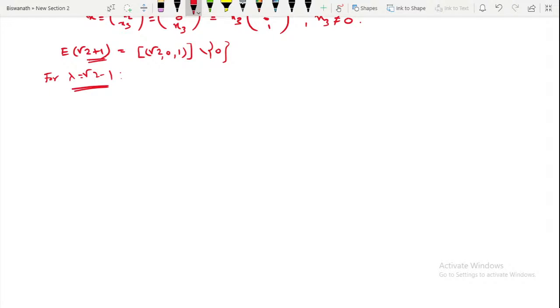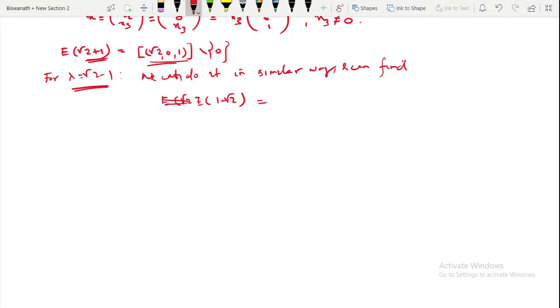So for lambda equal to 1 minus root 2, we can do it in similar ways and find the eigenspace of 1 minus root 2. For 1 plus root 2, it is this one. So similarly, if you find it for 1 minus root 2, it will be just a minus sign here.